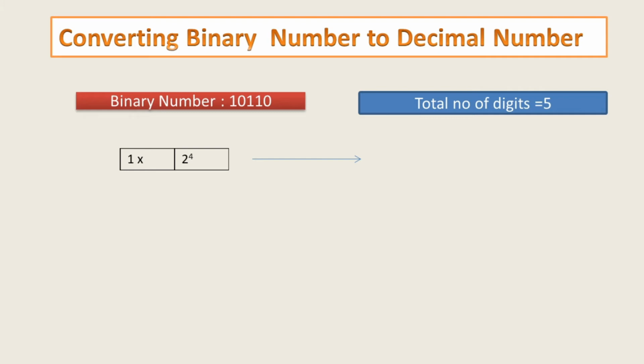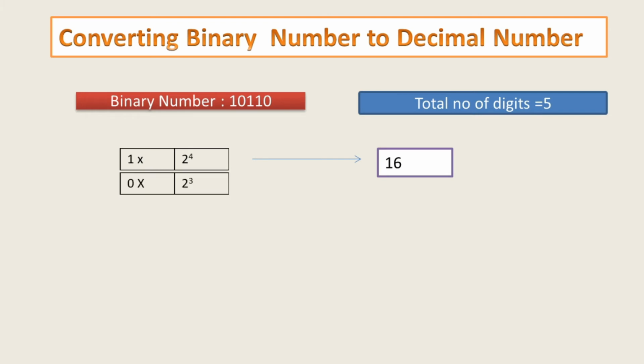So we will multiply each digit with 2 to the power n minus 1. Here n is 5, so n minus 1 will be 4. The first number will be multiplied by 2 to the power 4. So 2 to the power 4 is 16.